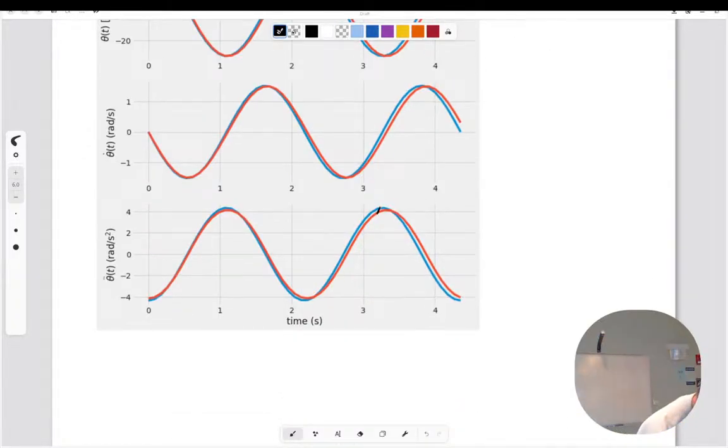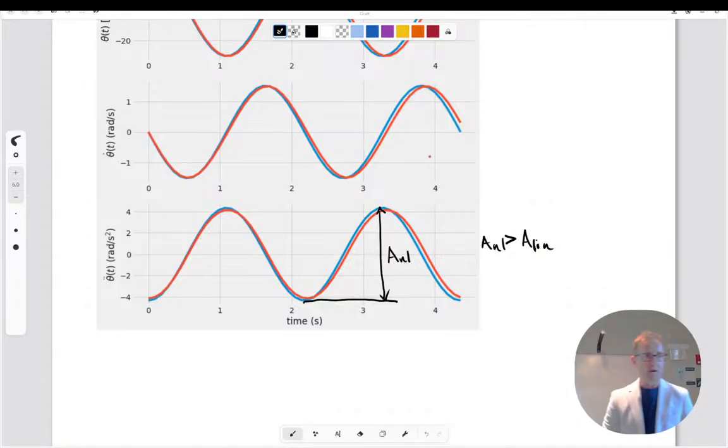So here we see something different, right? This blue, we have more acceleration. Is that right? Oh no, I wrote the opposite, is less than.